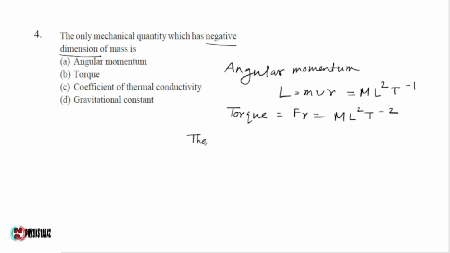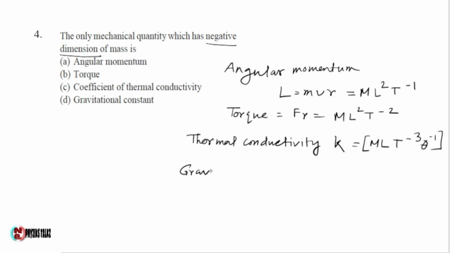Thermal conductivity has the dimensional formula as MLT^-3 theta^-1, and the gravitational constant has the dimensional formula as M^-1 L^3 T^-2.